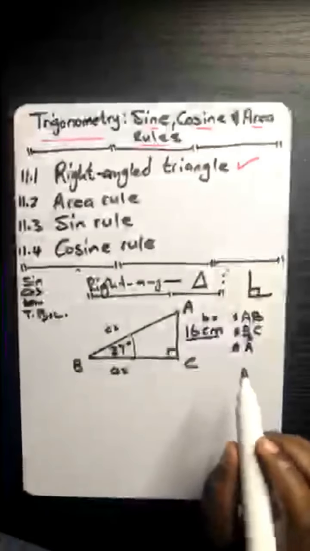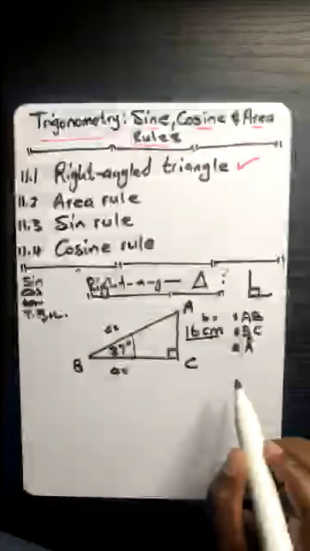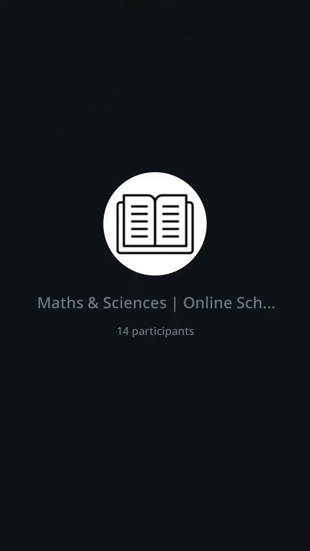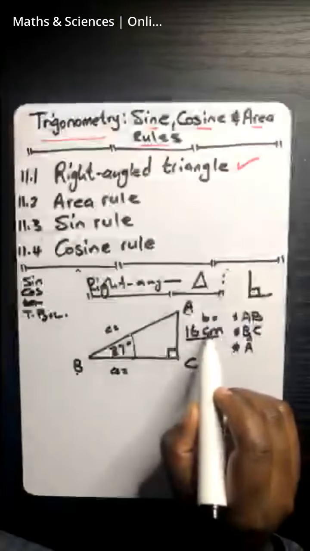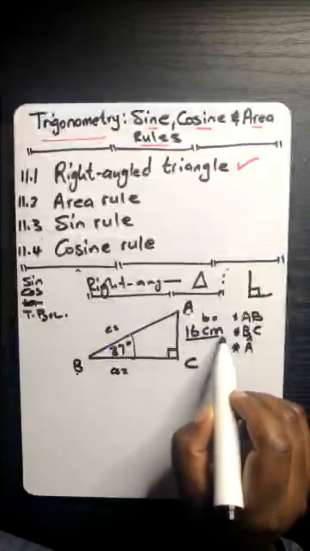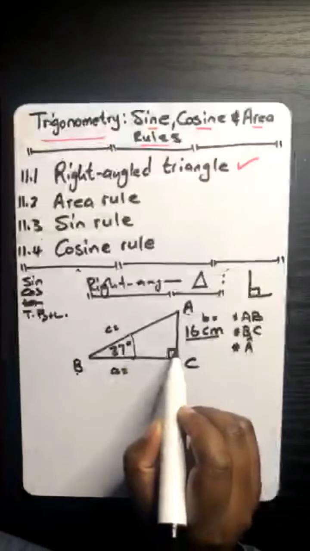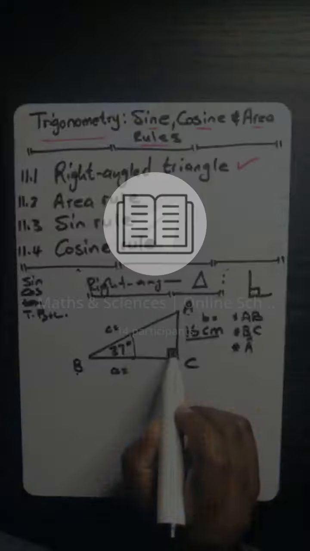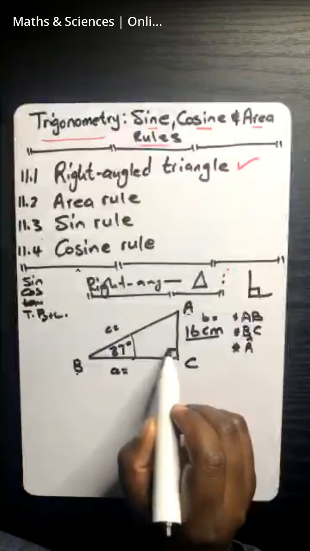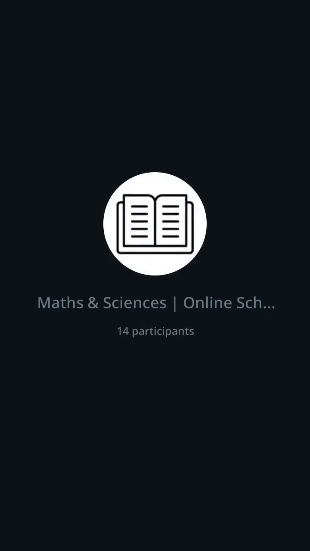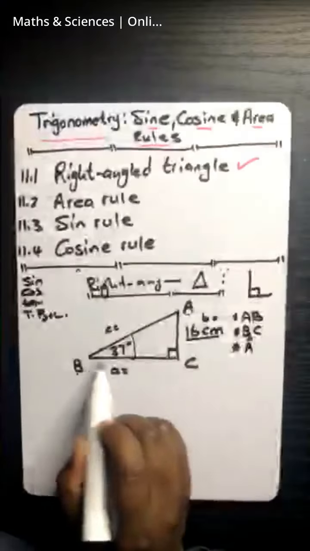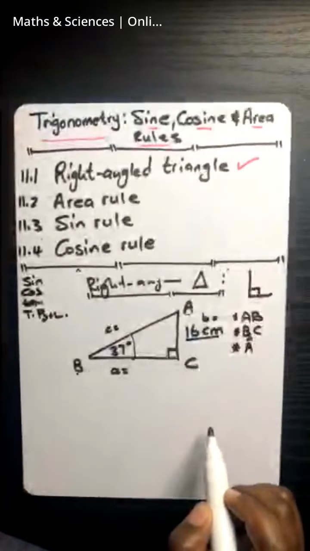Let me continue. So what I was saying, ladies and gentlemen, is that in this triangle ABC, we've got this side being the opposite side because it's opposite to the angle, and then we have a 90-degree there, and we know that the side which is opposite to the 90-degree angle is the hypotenuse, which is the longest side, and then obviously BC is our adjacent.